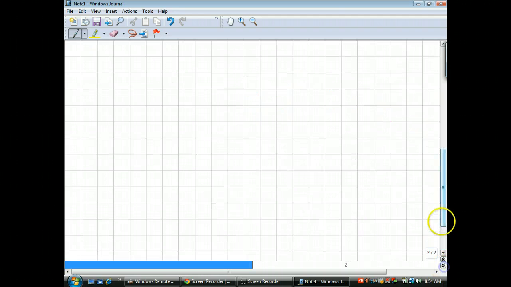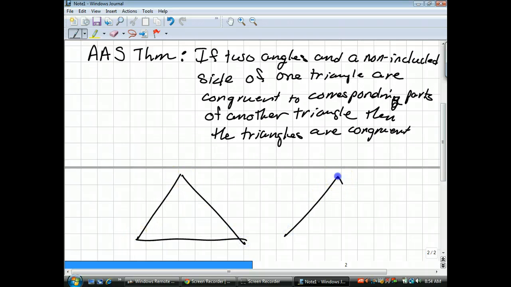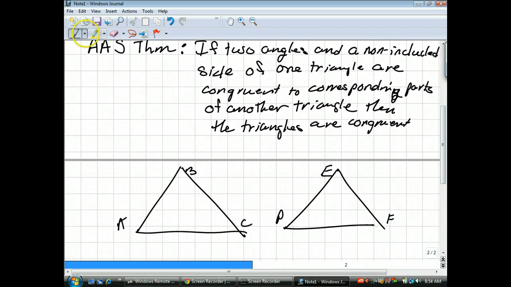Okay, so here's what it says. Okay, so we have two triangles, A, B, C, and D, E, F. So in triangle ABC, I know angle A is congruent to angle D. Angle B is congruent to angle E. And I need a non-included side.